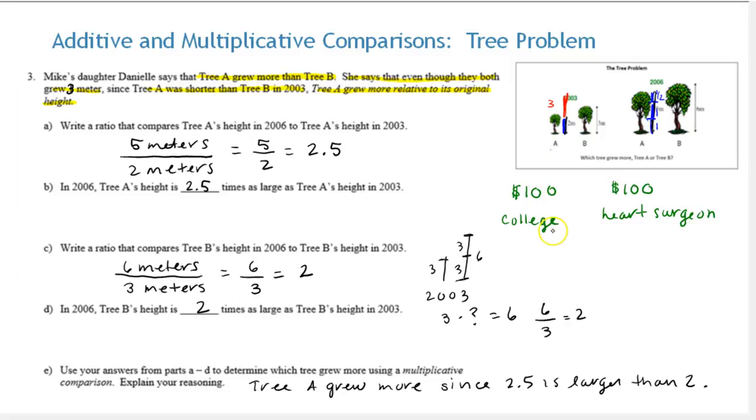But who do you think is probably more excited about winning the $100? I know when I was a college student, $100 would seem like a lot of money, but a heart surgeon works very hard to get a great job. They make a lot of money. They probably spend $100 on their lunch. Who knows? So that's where the relative comparison really comes in useful, because we want to compare to some amount to make sense of an individual context.